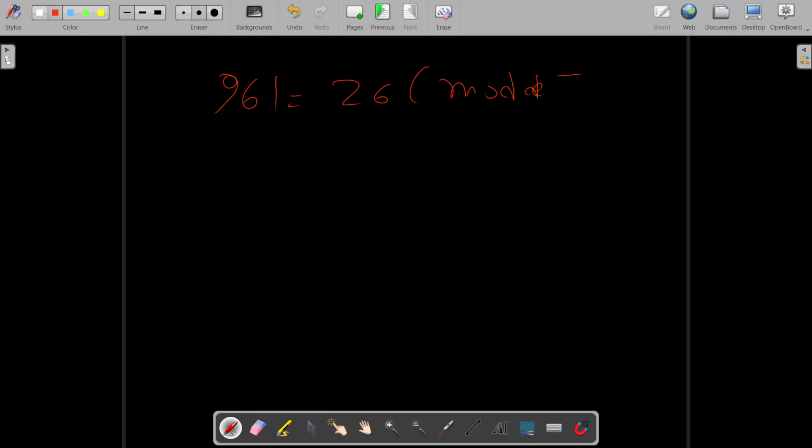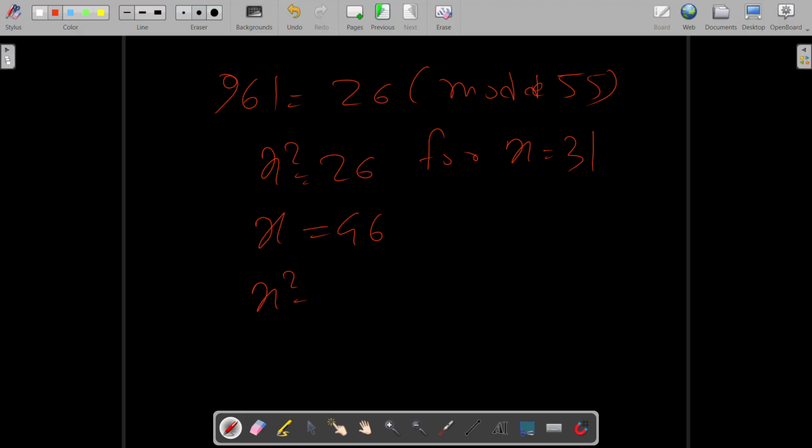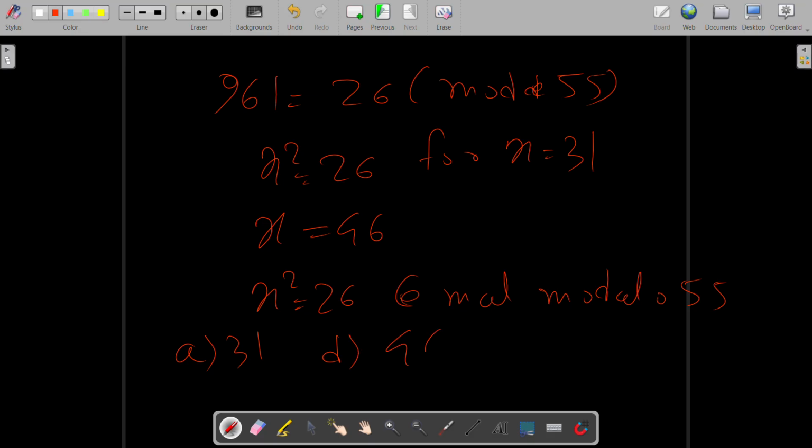By calculating we can get it. So x square is equal to 26 for x equals 31, and if we take x equals 46, we'll get x square equal to 26 for multiplication modulo 55. So option A 31 and option D 46 are the required answers of this question. So this is an MSQ type question.